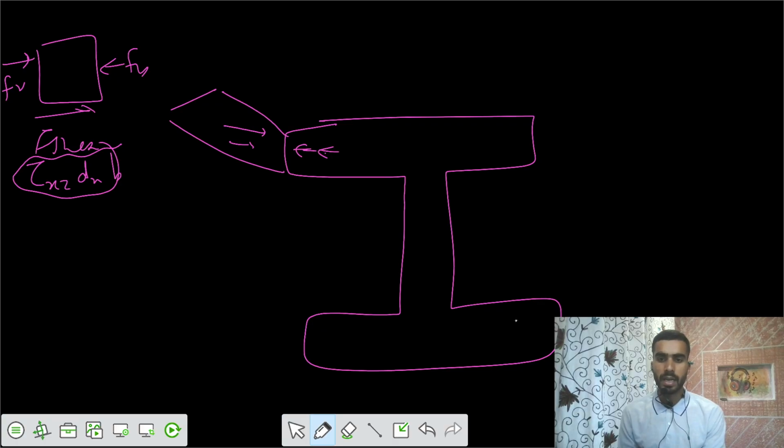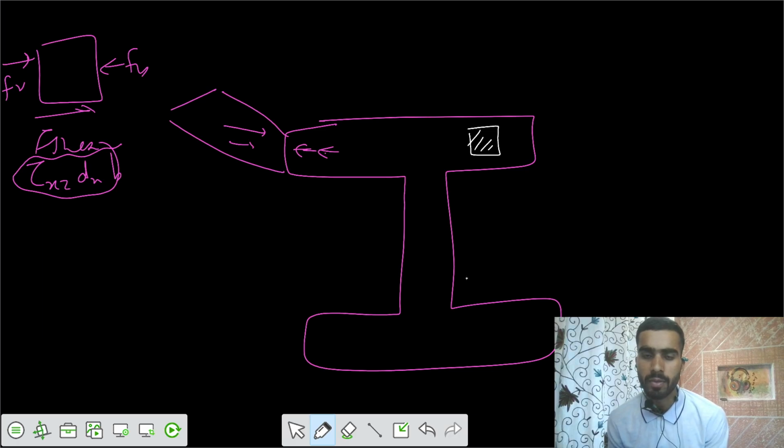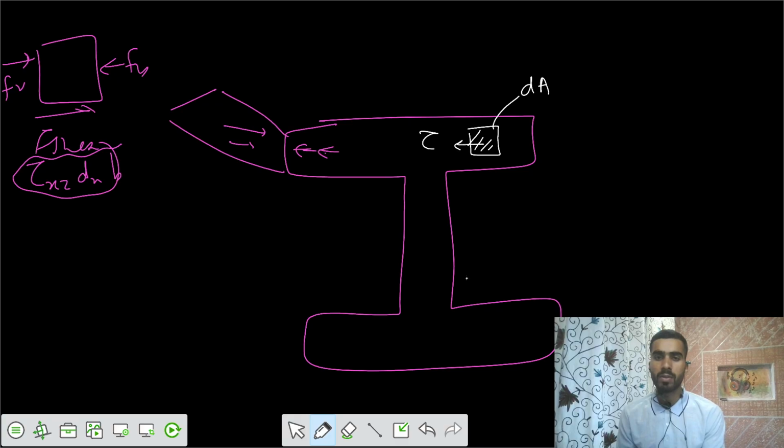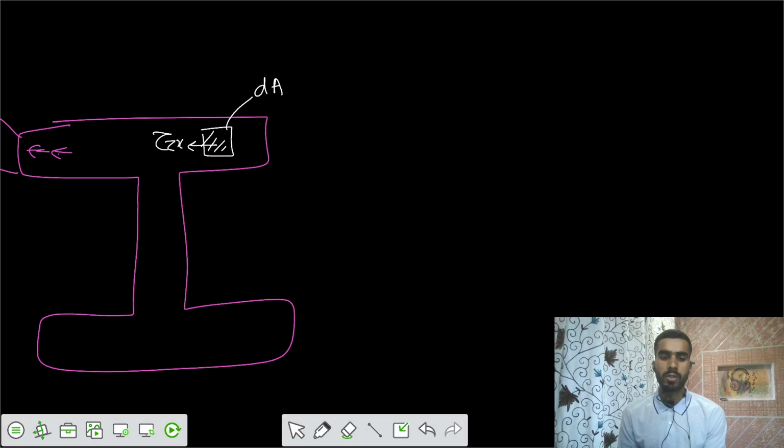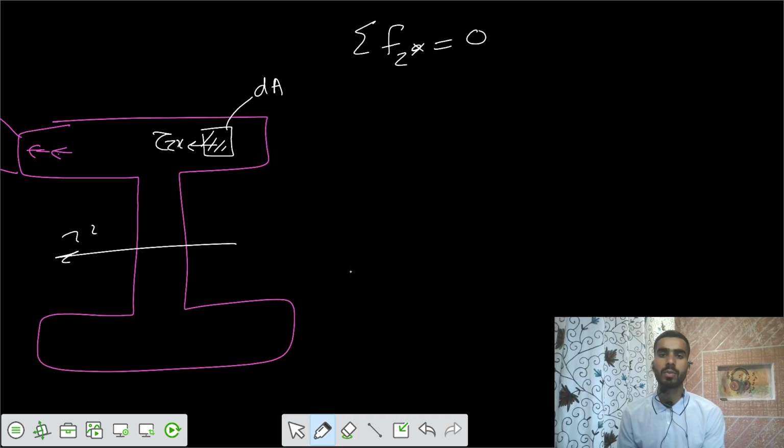If I take any element of area dA in the flange, and say there's some shear stress tau zx on this part, then for this configuration I can say the summation of horizontal forces in the z direction should be equal to 0, because there is no load, so it should balance itself.